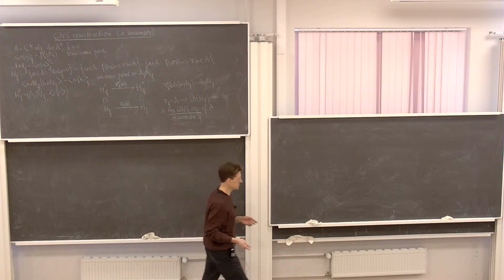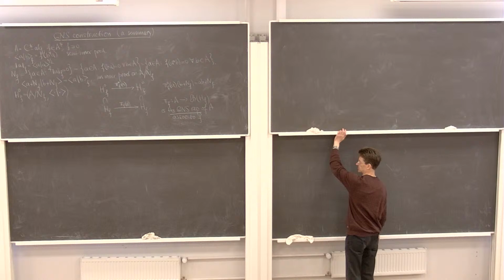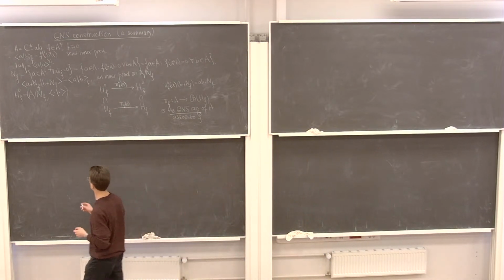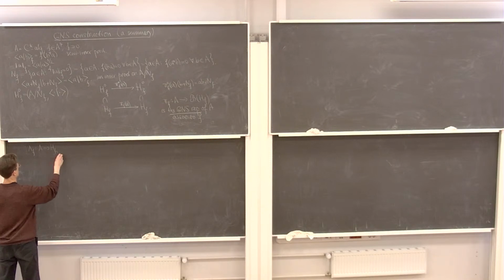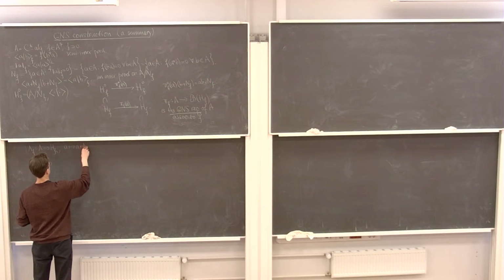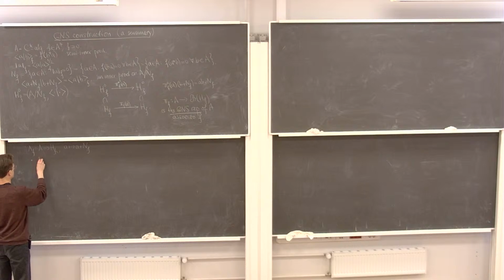Let's also recall that GNS representations can be characterized in abstract terms. So we have a map lambda f from A to HF, which takes every element A to its coset modulo NF. And we observe that this map has the following properties. First of all, its range is dense in HF.